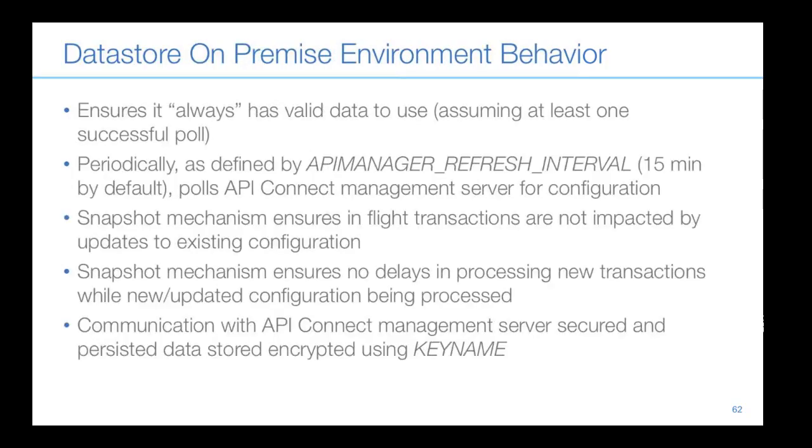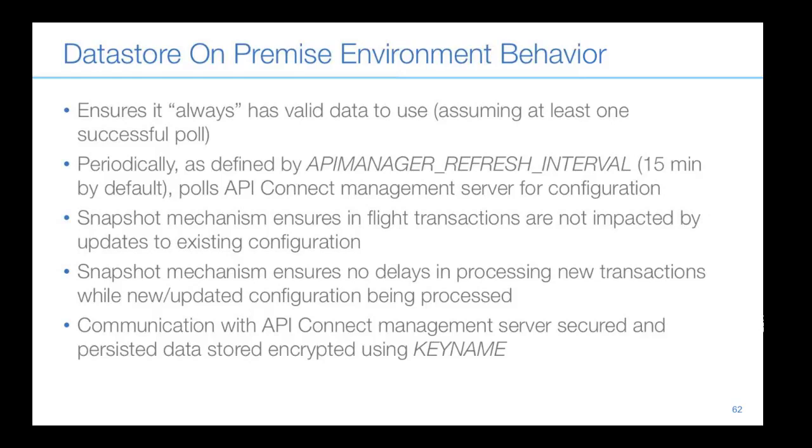And then the last slide is on the on-premise environment behavior. The way we developed the data store, it really had to meet a few requirements that were essential to API management. One, it made sure that in the event it's unable to contact the API management server for the latest and greatest information, you still want your gateway instance to be up and running.